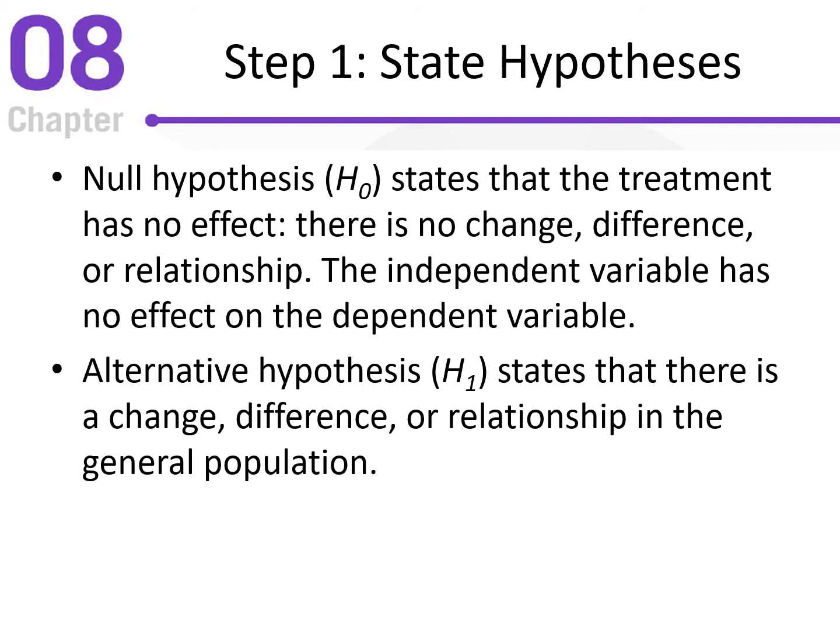So we're using the sample to draw conclusions about the population. But we always want to reject the null and support the alternative, because the alternative is basically what we're looking to find out, like what we expect to happen, or what we want to happen. So there is an effect, there is a relationship. The independent variable works. Our research works. It's not a waste of time. That's the alternative hypothesis.